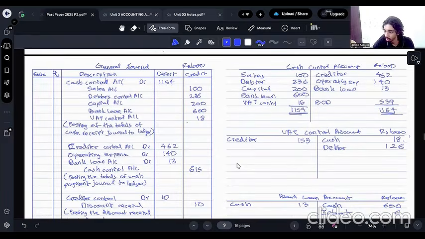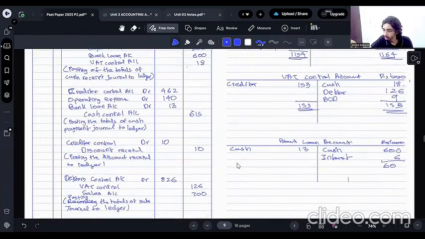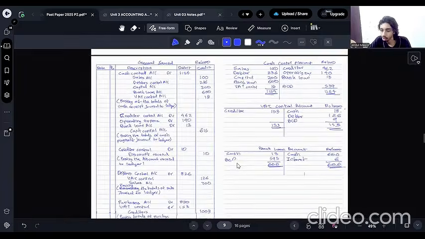In the VAT account, the debit side is higher, 153 minus 126 minus 18, balance carried down will be 9,000. And the bank loan account, 606 minus 13, 593. So that is all about the prime entry books.